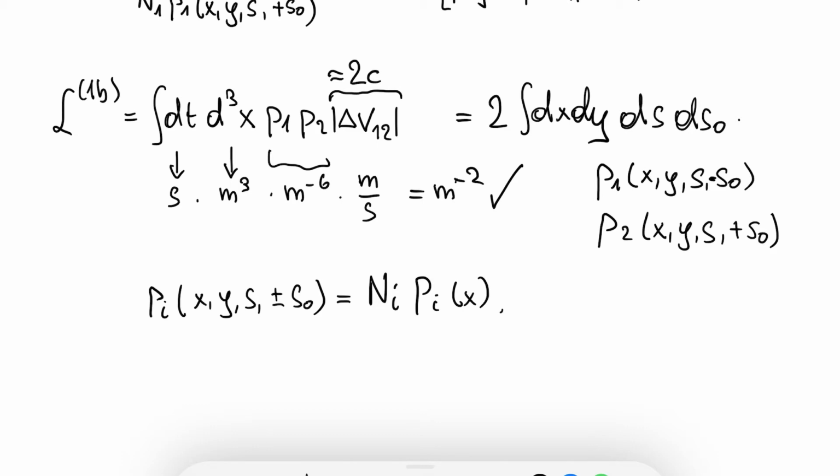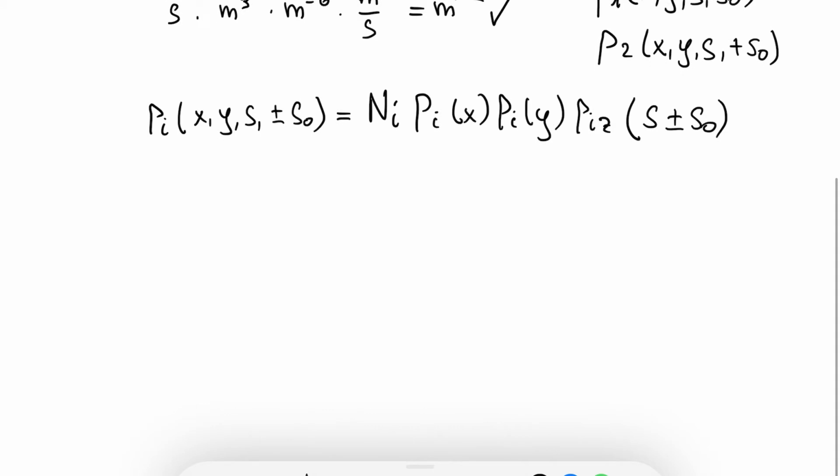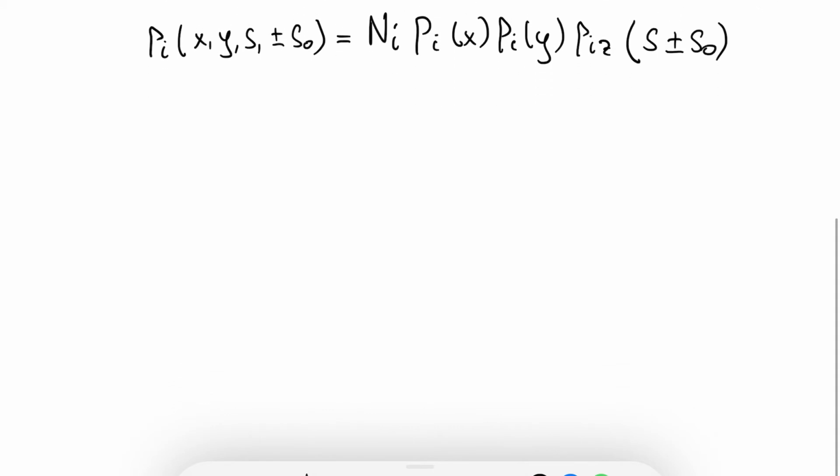And now we make assumptions about the densities. As we said, they are normalized to the particle number in the bunch, and we assume that the density is a product of 3 densities that only depend on x, y, and s plus minus s0, depending on whether we consider the left or the right moving bunch. We next assume Gaussian distributions.